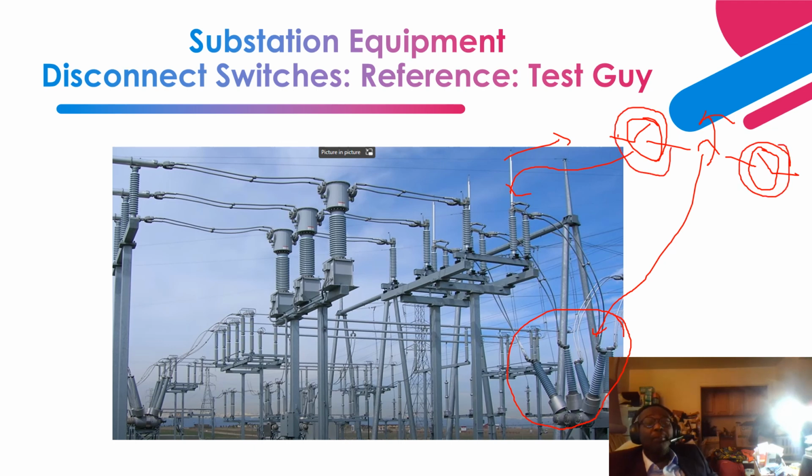They can be operated by a motorized action, automatically from remote, or through a manual action. Manually, the operator has to come here and stand on a ground mount and manually operate the disconnect switches and open them through the mechanical linkages that connect the disconnect switches.